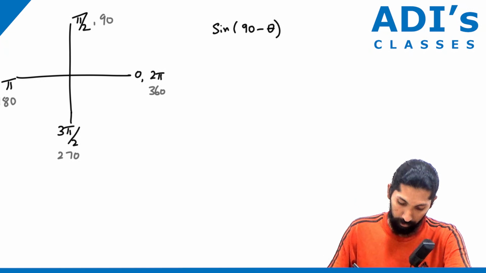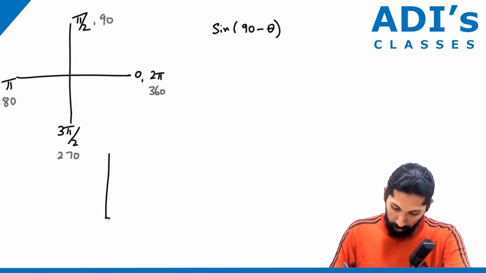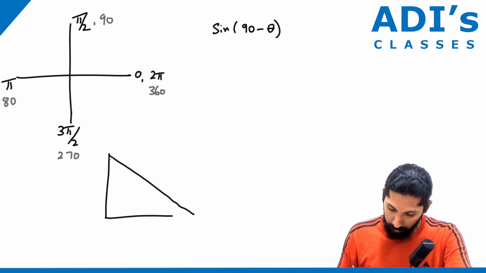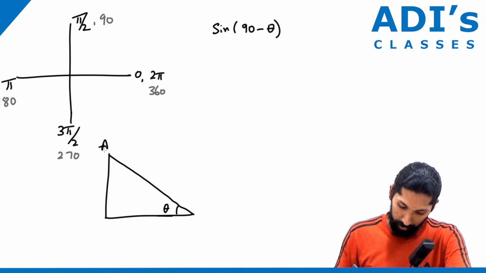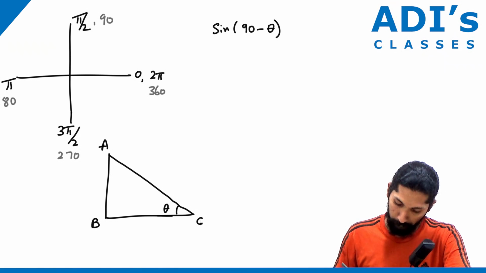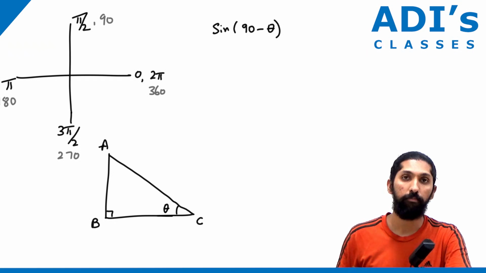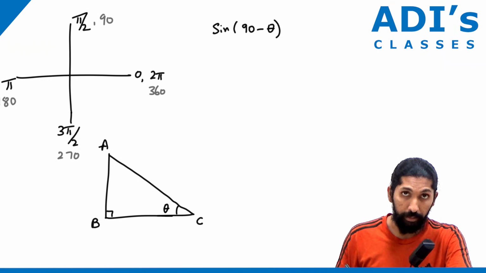Say you have one right angle triangle where one angle is theta. Say this is ABC. This is 90. The other angle is theta.